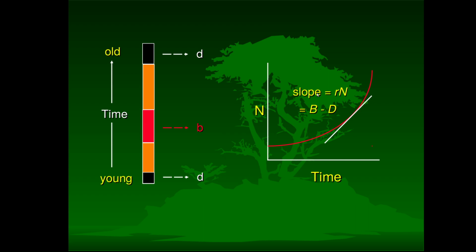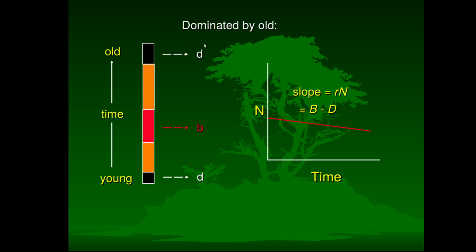Right, so the slope of the population trajectory, which is the rate of population increase, that's little r times n, which is the birth rate minus the death rate. So birth rate minus the death rate is determined in part by the relative numbers of individuals of these ages.